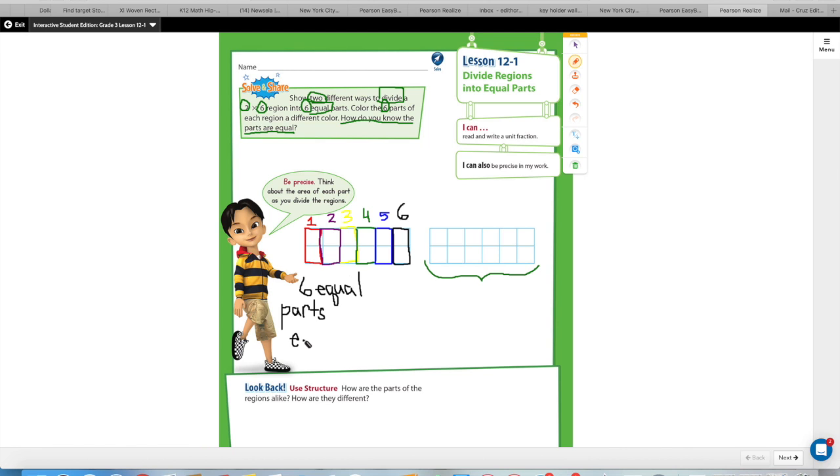There are 6 equal parts, and in each part, or in each group, there are going to be 2 unit squares. So each part has 2 unit squares.